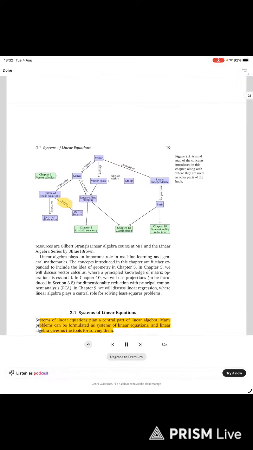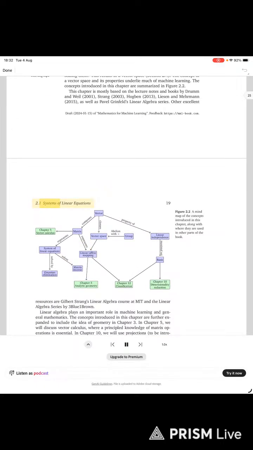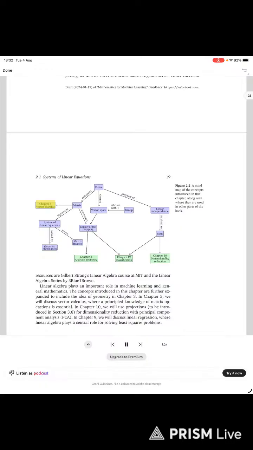Properties of solutions represent 2.1 Systems of linear equations. Chapter 5 Matrix.